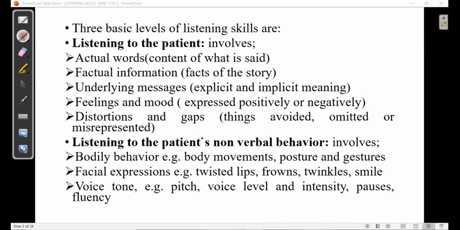And also there are some underlying messages. That is explicit and implicit meaning. So explicit meaning, this is the meaning of what is being expressed. And implicit, this is where you will not get directly what someone is trying to say. You have to imply, to make an implication.